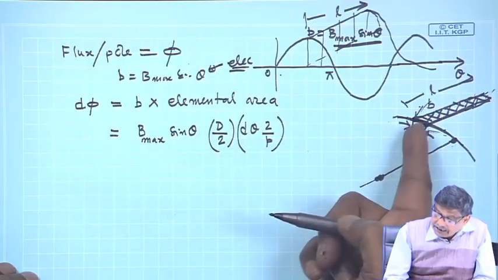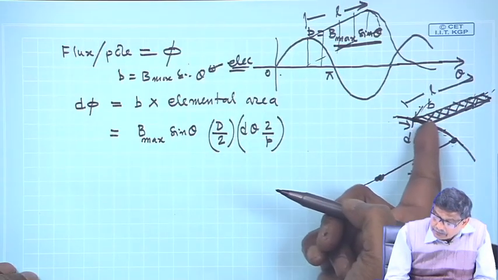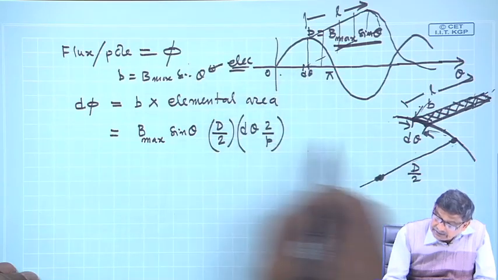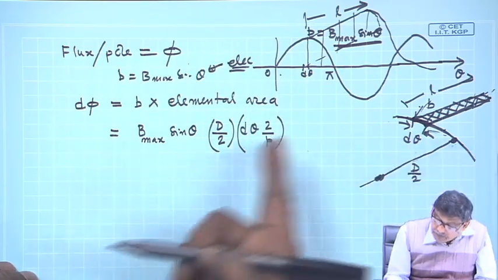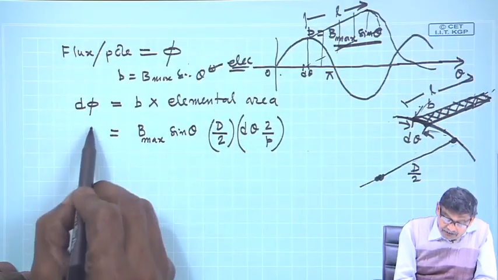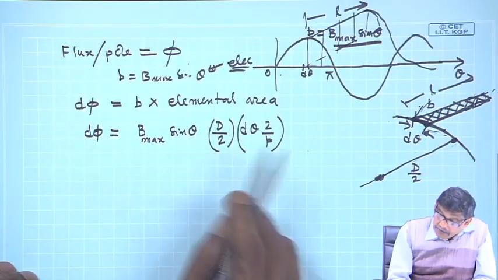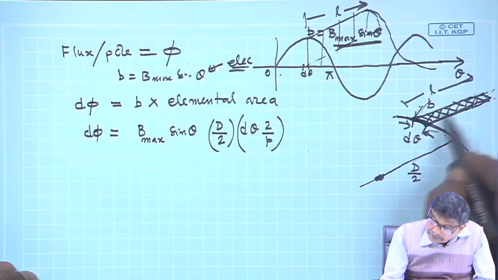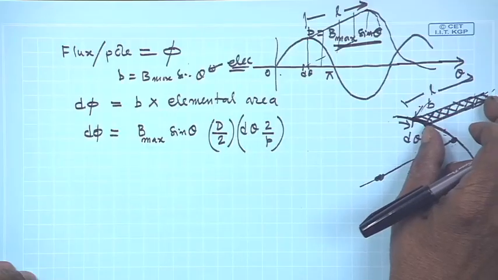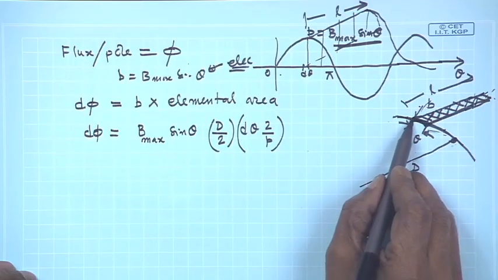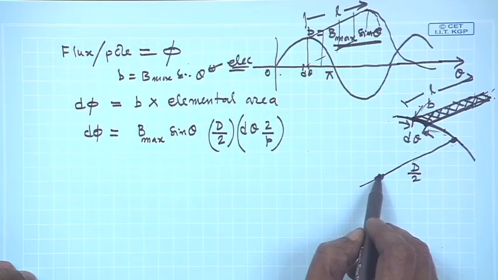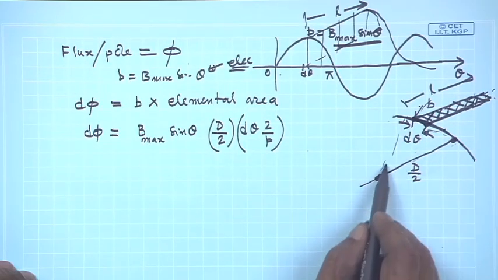So take a mechanical angle corresponding to d theta; you have moved by d theta here, electrical angle, fine. But to calculate the elemental flux d phi, you have to multiply with the elemental area. It is a small rectangle spanning over the length L, with this distance at d theta, where D by 2 is the radius of the rotor.